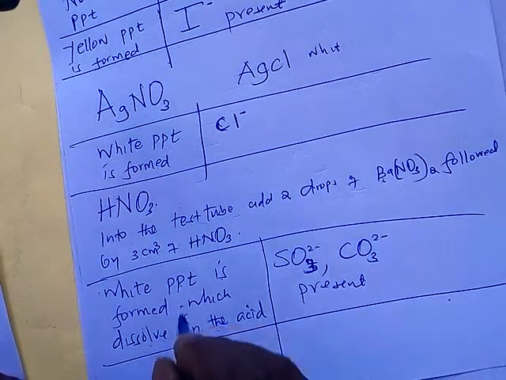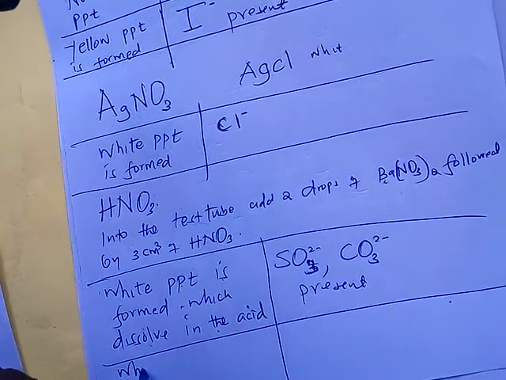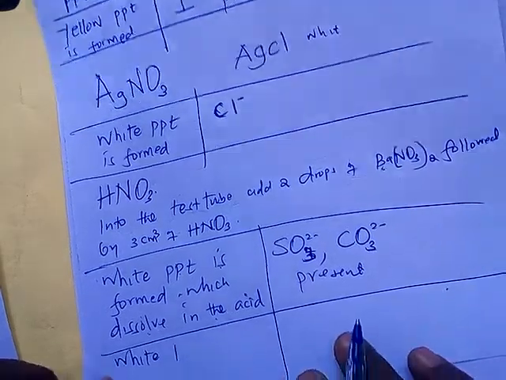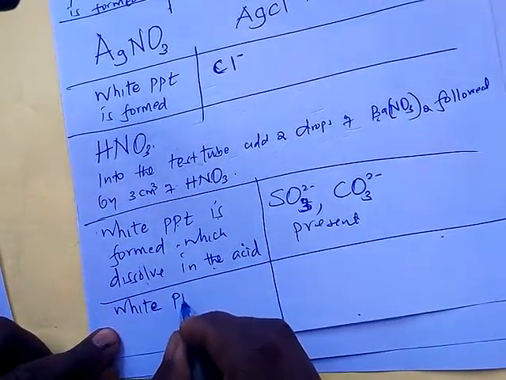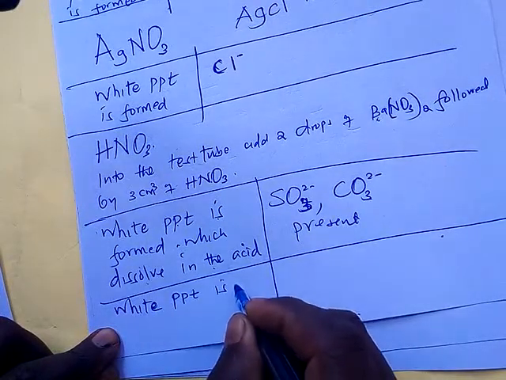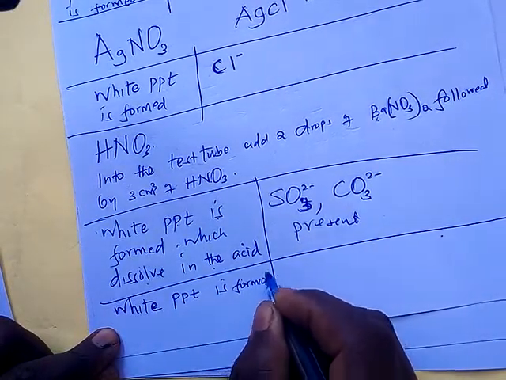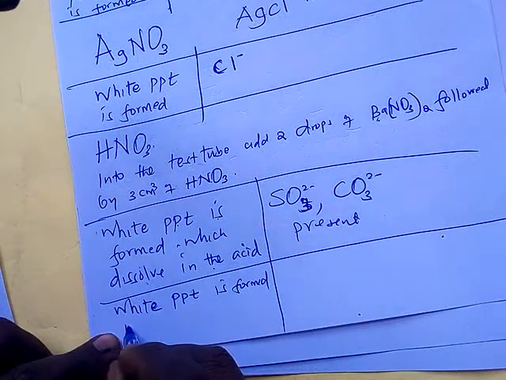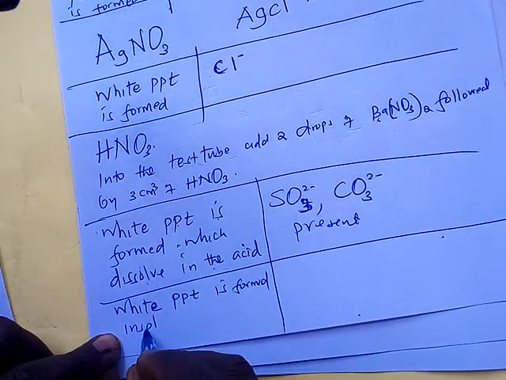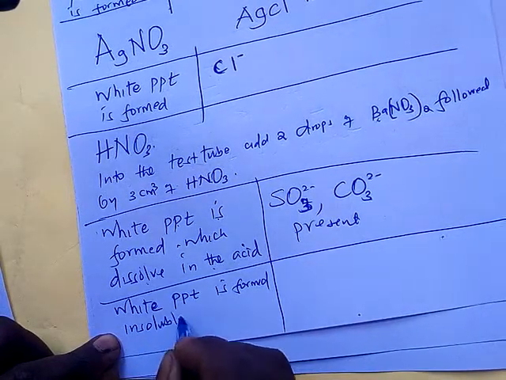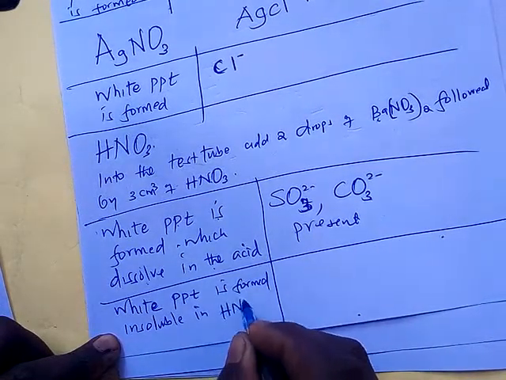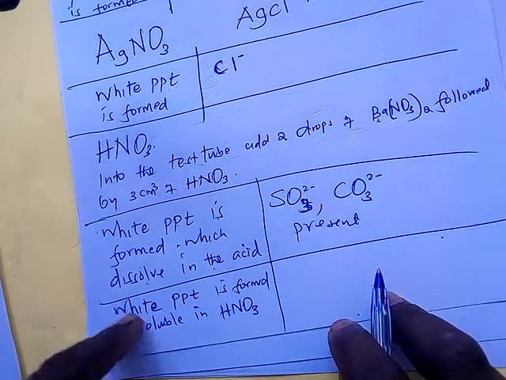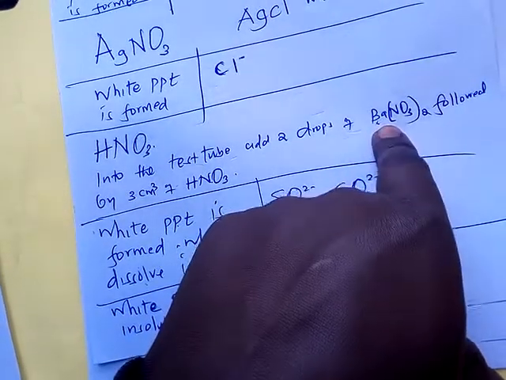What if a white precipitate is formed, insoluble in HCl, in the acid? Now here we are adding barium nitrate.